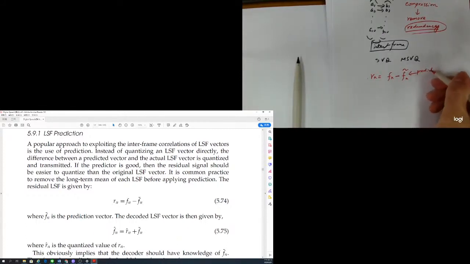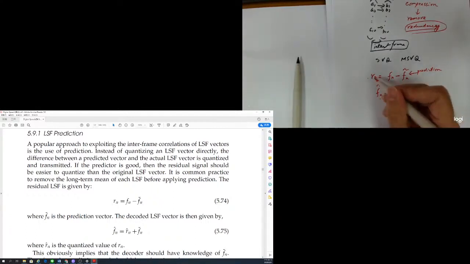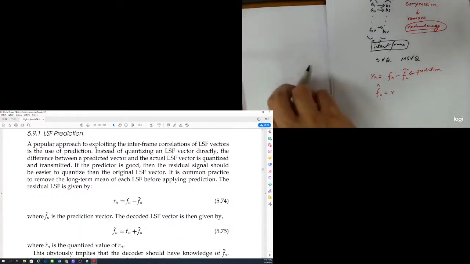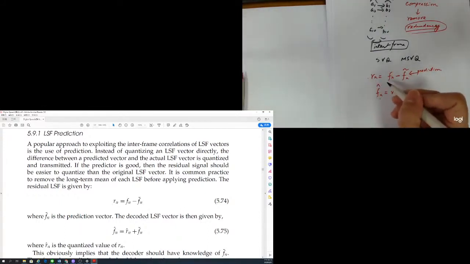And how do we form the prediction vector? The prediction vector should be based on your decoded signal, because this one will be quantized.